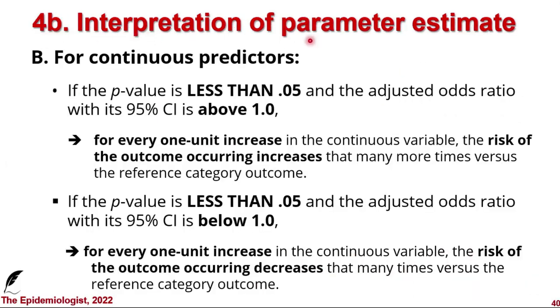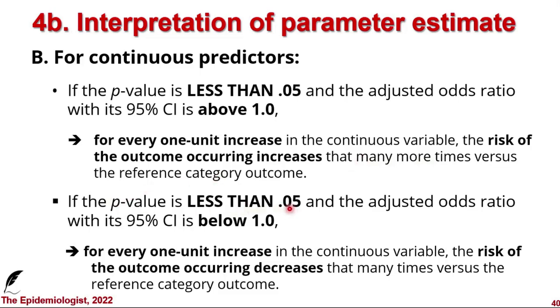This slide shows the interpretation of the parameter estimate for continuous predictors as follows. Suppose the p-value is less than 0.05 and the adjusted odds ratio with its 95% CI is above 1.00 for every 1 unit increase in the continuous variable. In that case, the likelihood of the outcome occurring increases that many times compared to the reference category outcome.